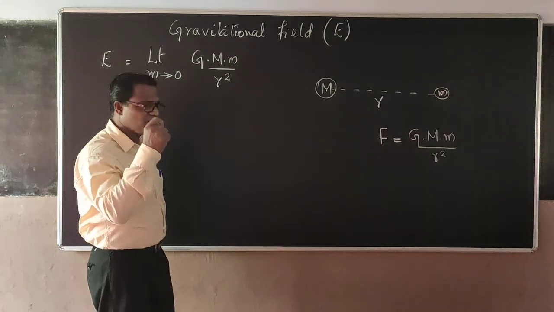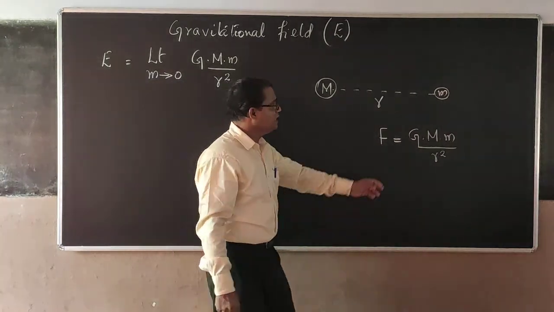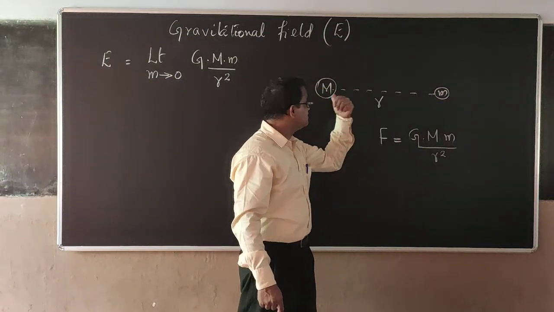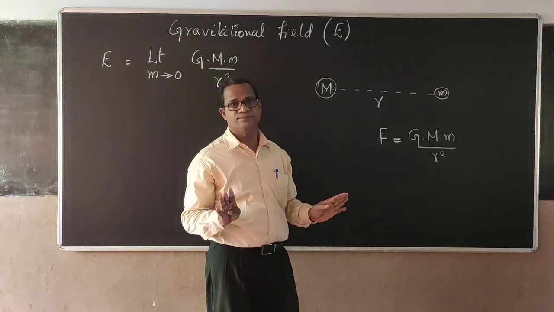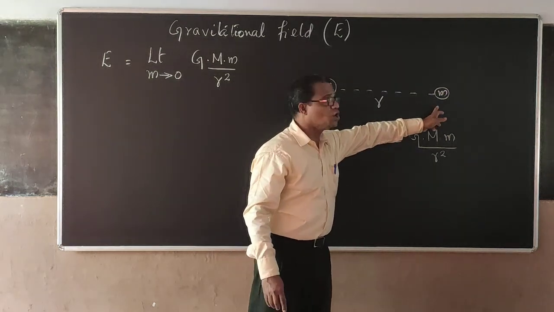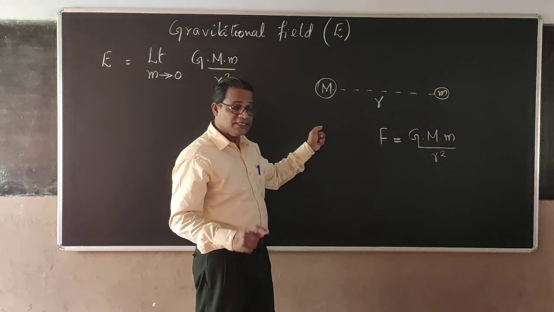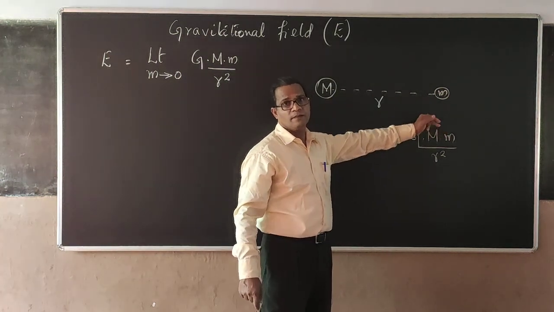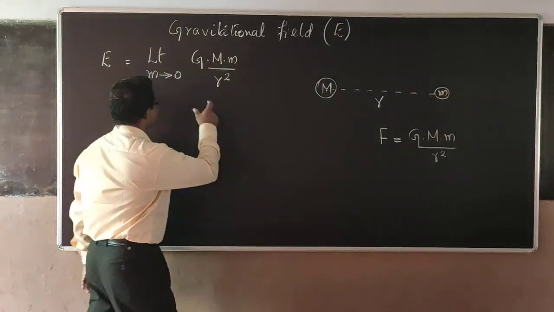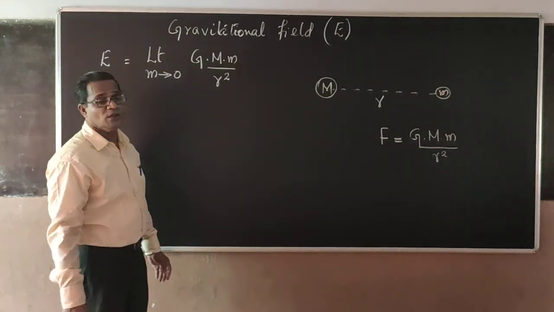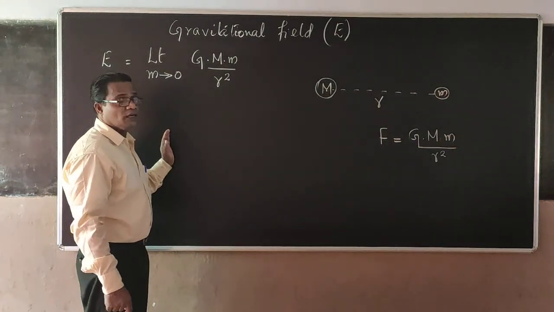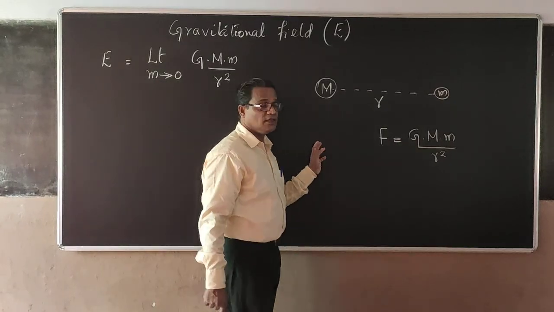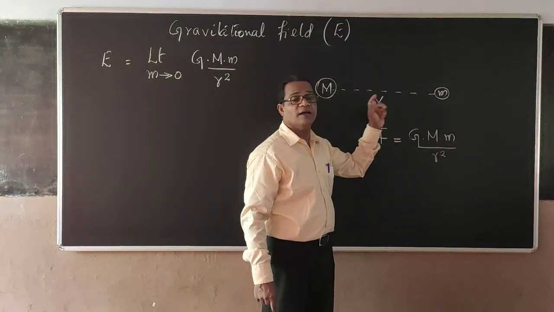Then, if it is such a very small value, its influence on this one is not there. That is, small m is not influencing capital M. Instead, capital M is influencing this small m. Okay? So, this is the exact concept of the gravitational field at a distance r from capital M.